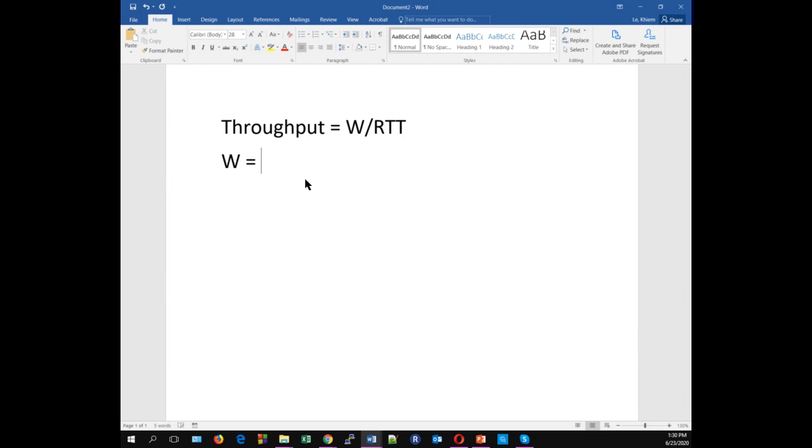I can rewrite this equation as window equals throughput multiplied by round trip time. Here I just plug in the values: throughput 10 gigabits per second, that is what the slide says, multiplied by round trip time, 100 milliseconds.